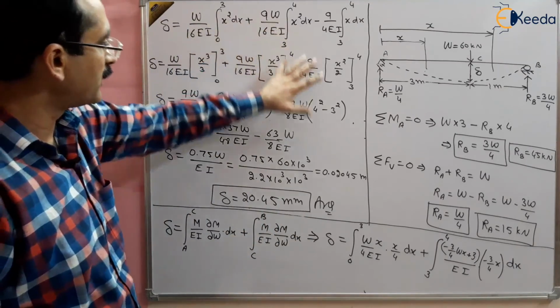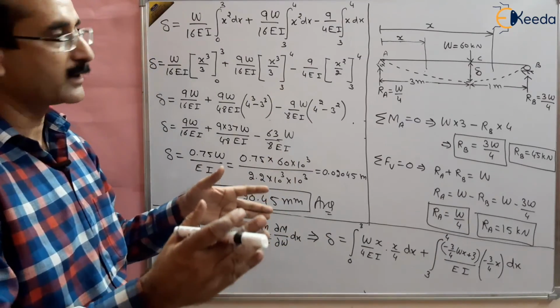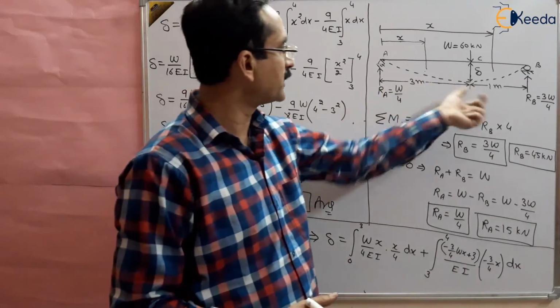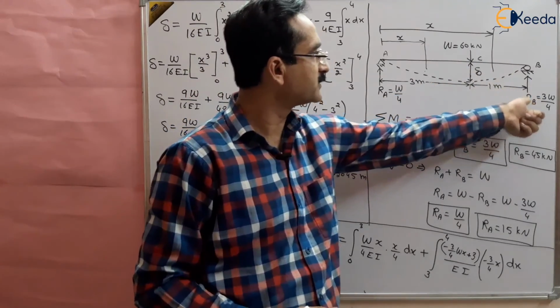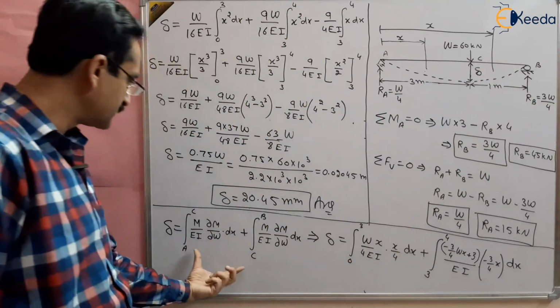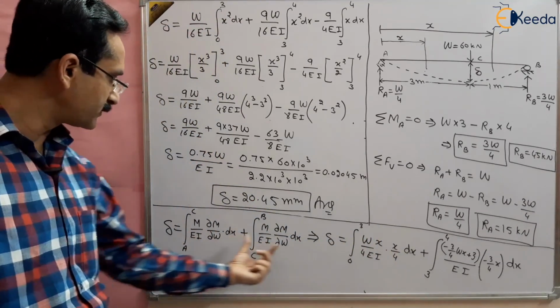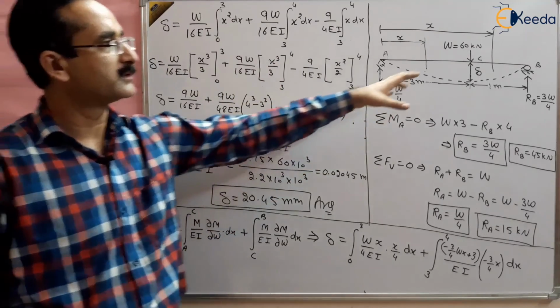Solving it, we have divided into two parts because strain energy is taken as the total strain energy of the beam: 0 to 3, A to C, and from 3 to 4 meters, that is C to B. Put the values, we have already found these values, and finally you will get the deflection under load 60 kilonewton.